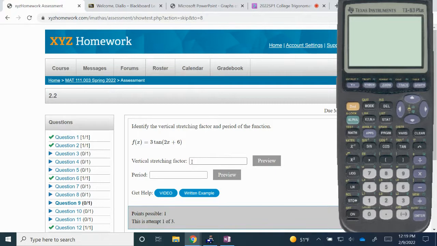Let me explain that for a second. That stretch factor is basically going to be the amplitude.